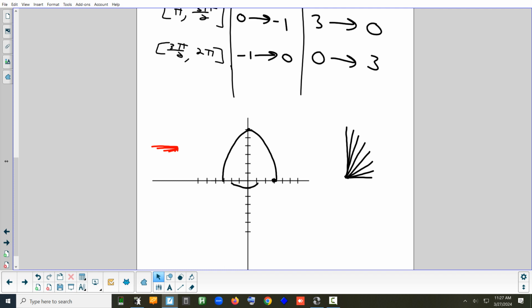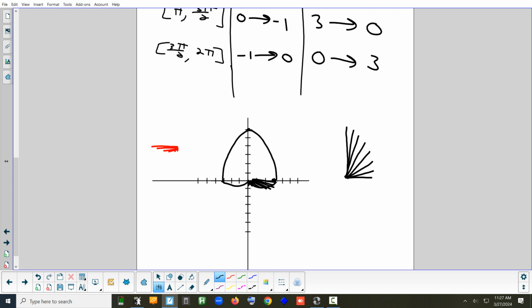So it's going to come back out. Let's put that there. It's going to go from 0. And as you start to rotate, the radial lines get longer, longer, longer, longer, till you get all the way over here. And then they're back where we started.